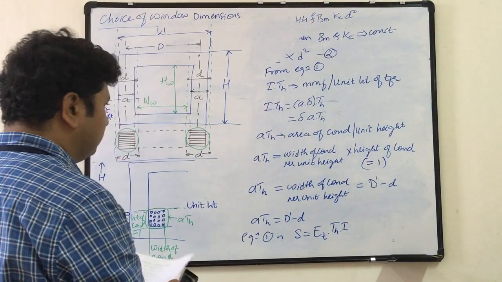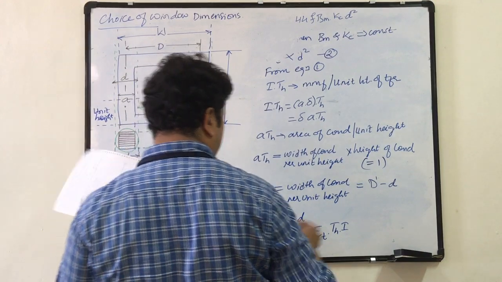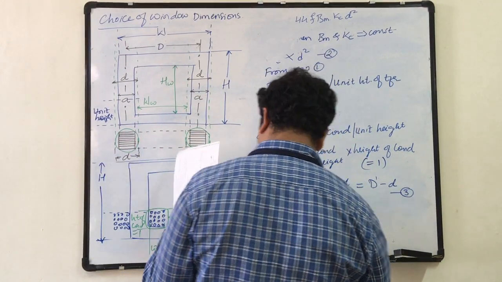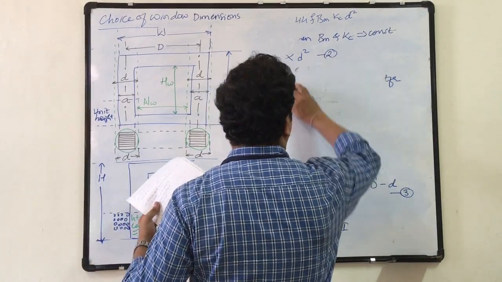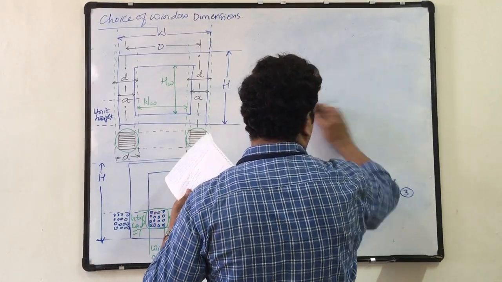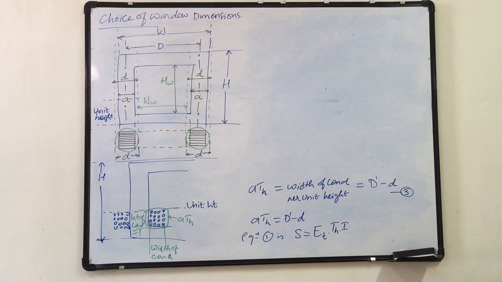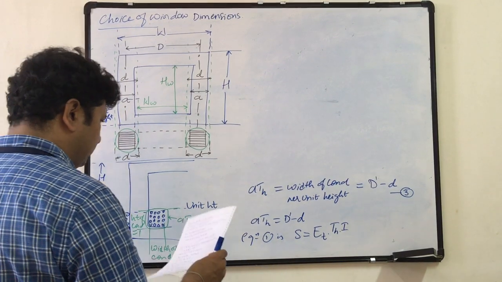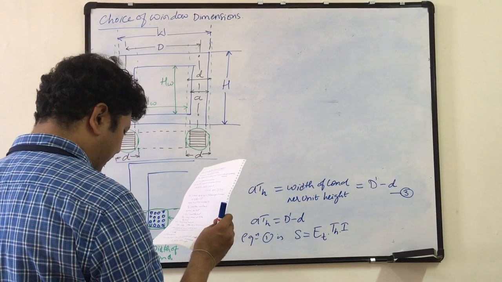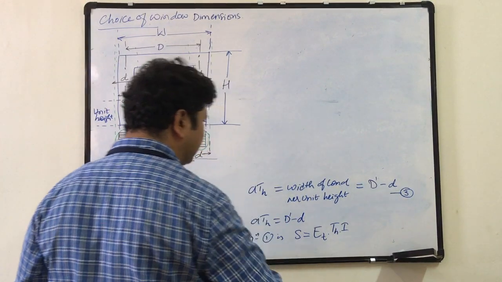You can take it as equation 3. ET is proportional to D square from equation 2, and I into TH. A into TH is D dash minus D.